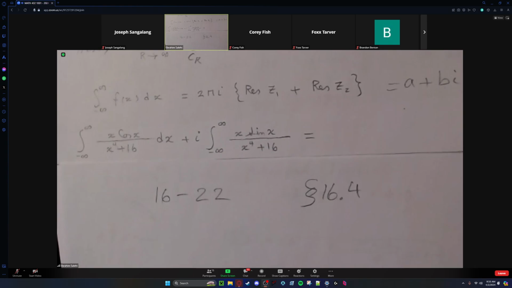The value of b, in this case, since we were talking about x sine x divided by x to the 4 plus 16, would be just b. We need that b. So please work on these problems.